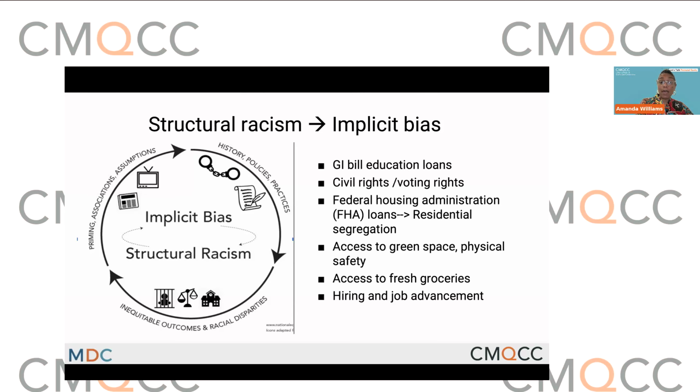Let's also think about the Federal Housing Administration loans and mortgages. Were those available to everyone? When people came back from the war, both in World War II and in Korea, many folks got their first house with those super low interest rate FHA loans. Were those available to Black people? No, they weren't. And then let's think about pink lining and red lining and how neighborhoods were used.